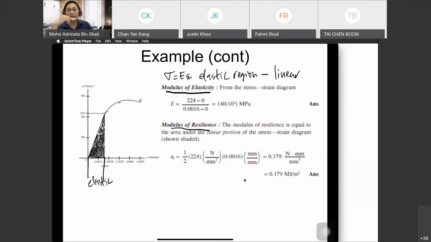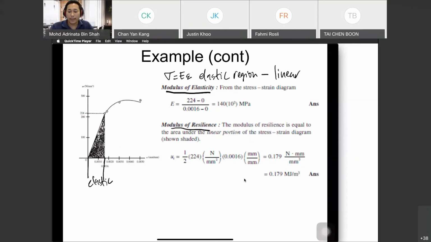Okay, that is our stress strain diagram, and I have told you that the parameter that you can change is the material. Okay, you change the materials and you get a different graph of stress strain diagram.